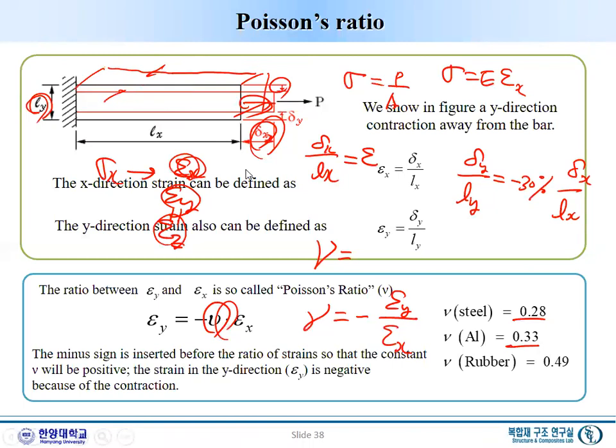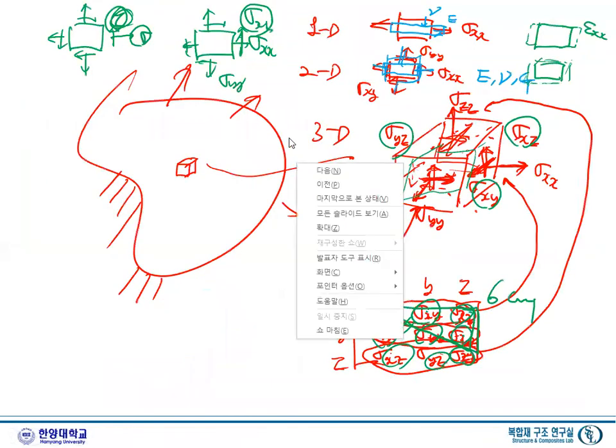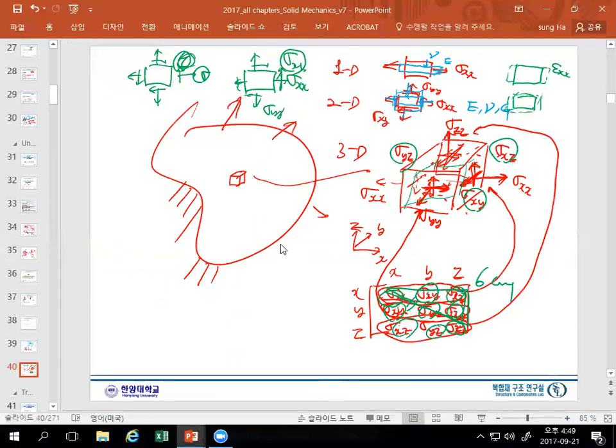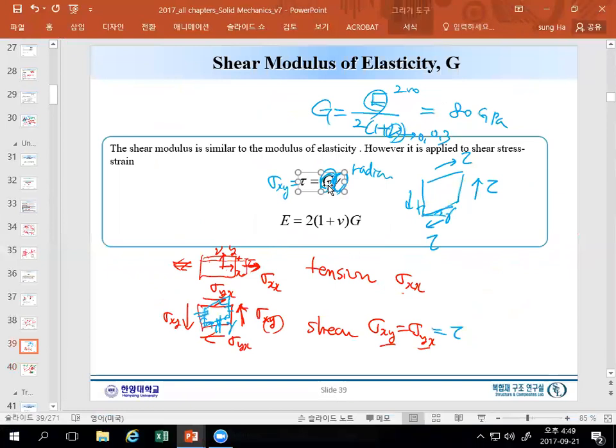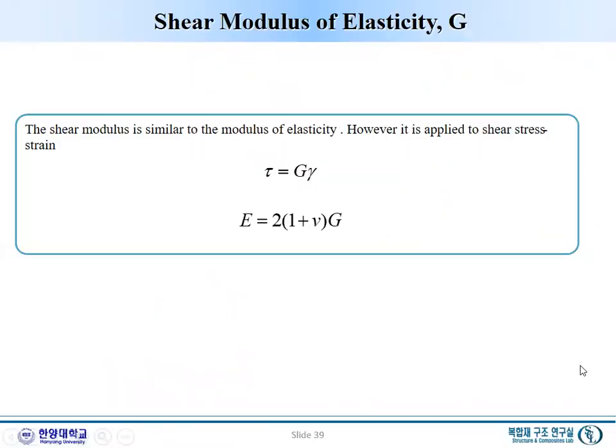Now, another important point is shear strain. What is shear strain? You know, so far we just considered this, right?